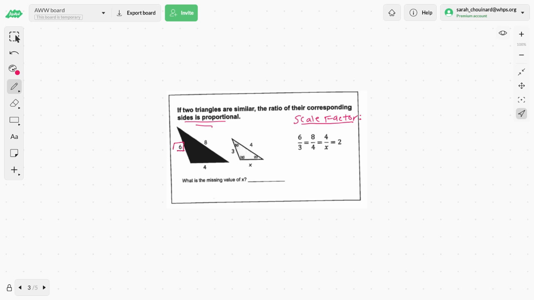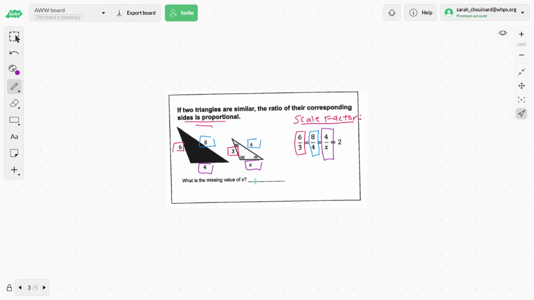I'm going to do 6 over 3 because those are the matching sides of this triangle. So 6 over 3 is my first ratio. Then my next ratio is 8 over 4 of the corresponding sides. And my last ratio is going to be 4 over x, because the corresponding sides should be proportional. 6 over 3, 8 over 4, those all equal 2.